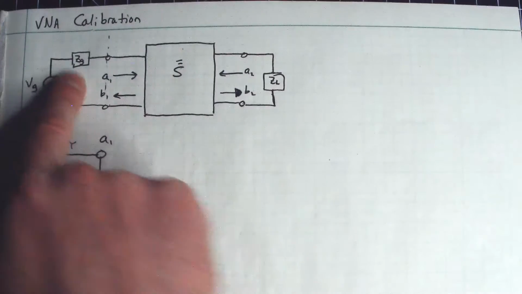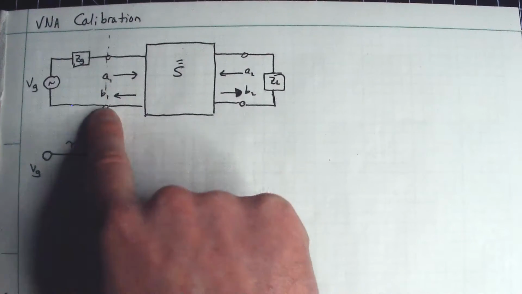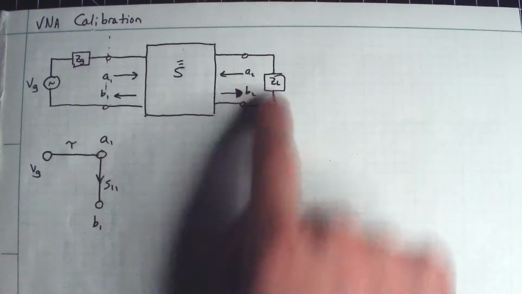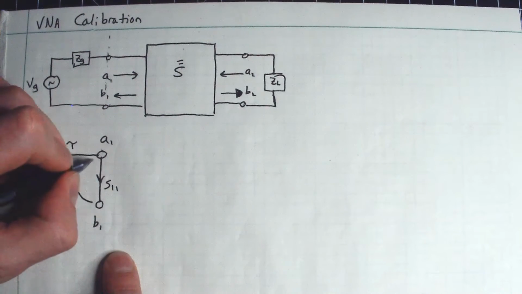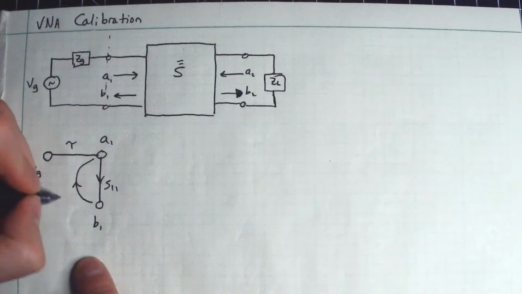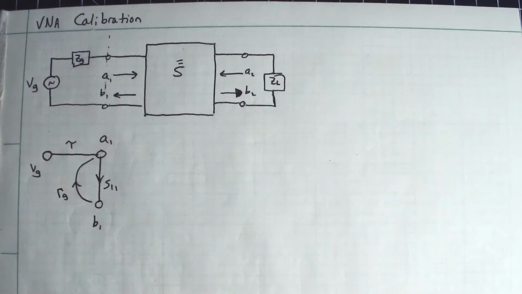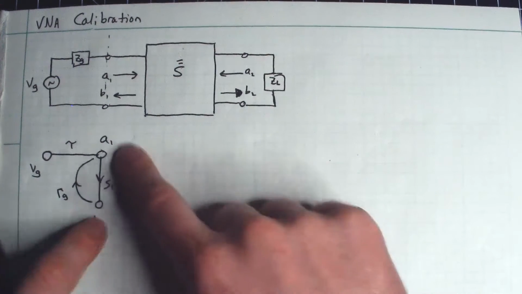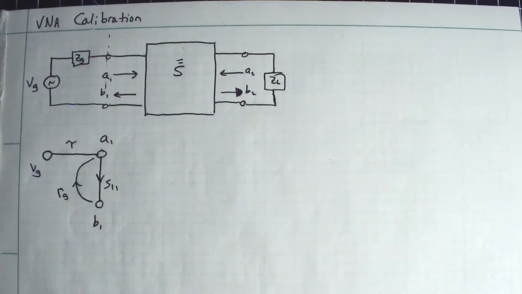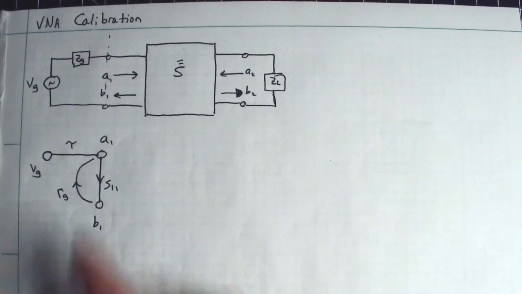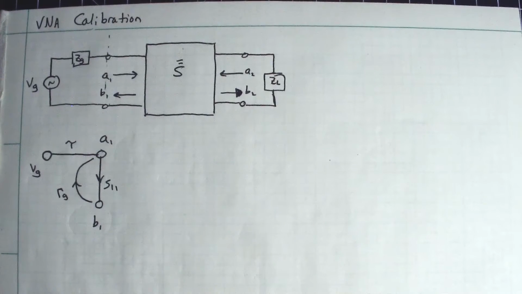And this will also reflect off of my initial generator up here to create another contribution back into my forward signal. So I'm going to call that maybe gamma sub G. But this isn't usually terribly important because I can measure the voltages over here anyway, so I may not necessarily have to care too much about this interaction, if I know what these signals are.